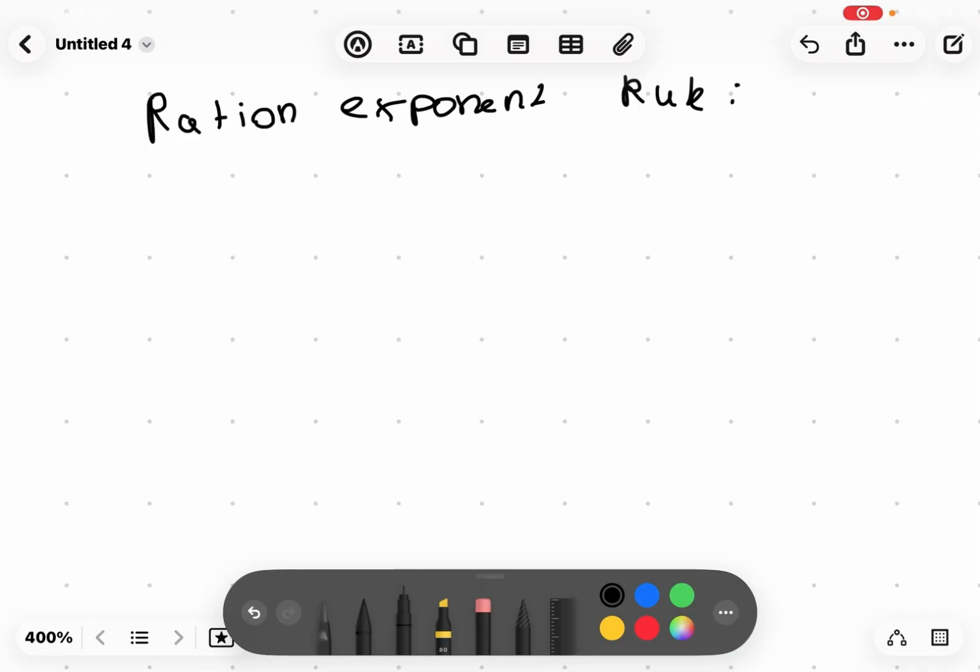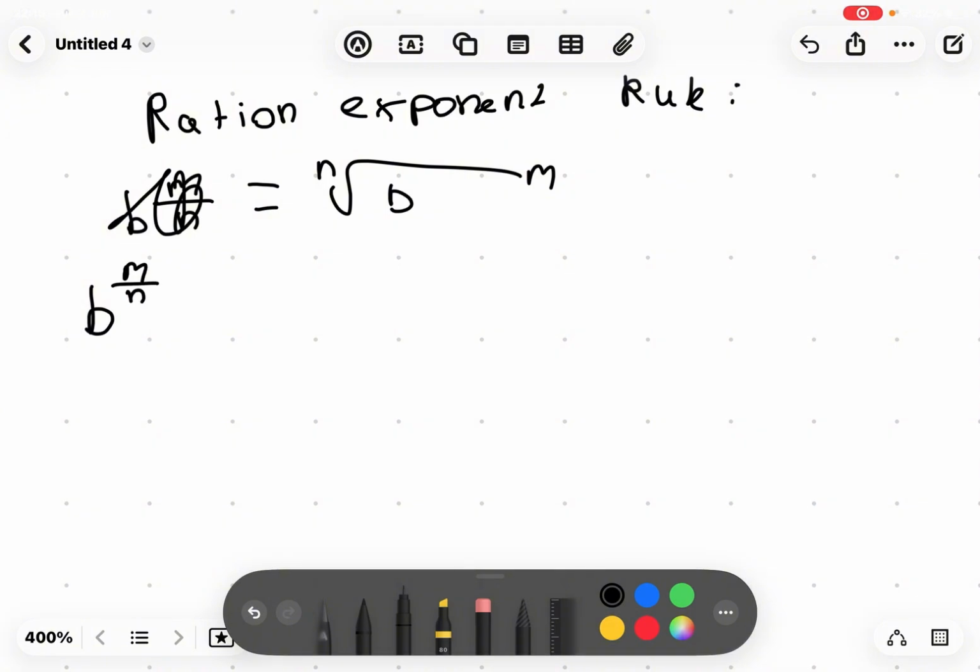So basically the rule is that, let's say you have b and it's like this, that basically equals the nth root of b to the m. Oh wait, I wrote this badly. So the number, and then the nth root of b to the m, right? This is the number, this is the exponent.